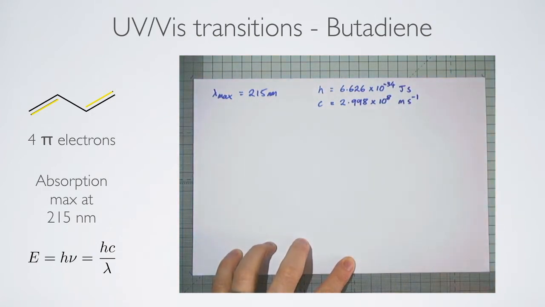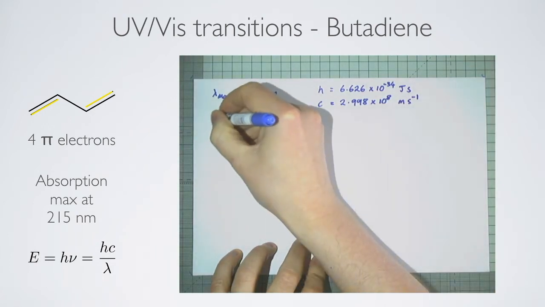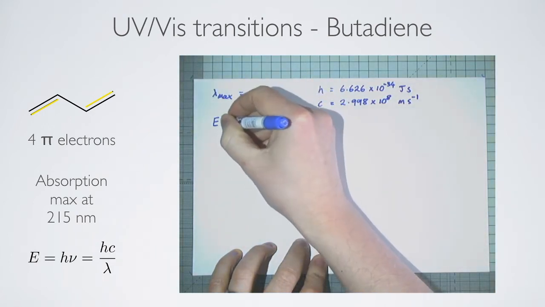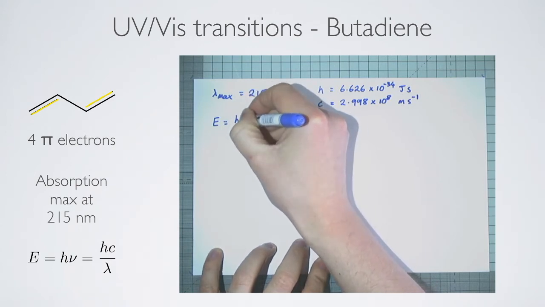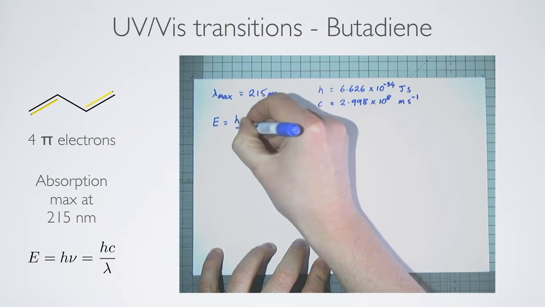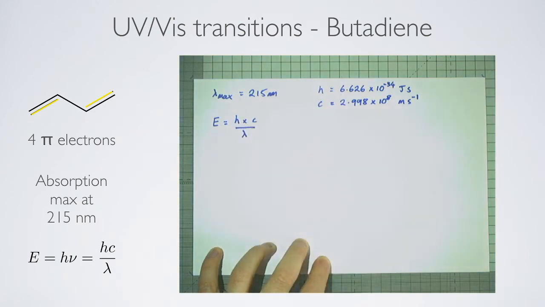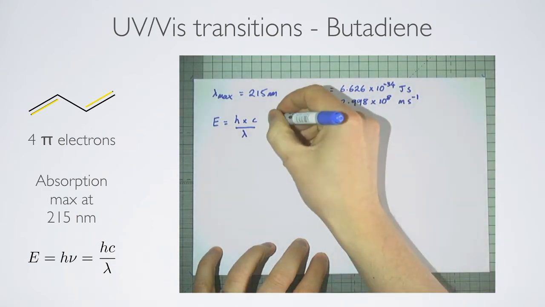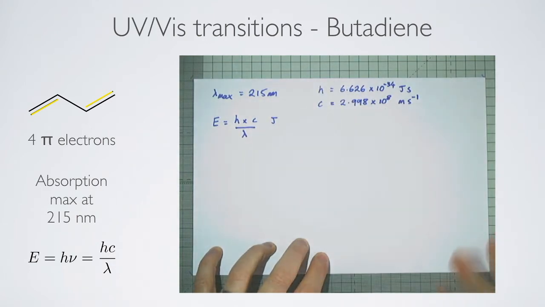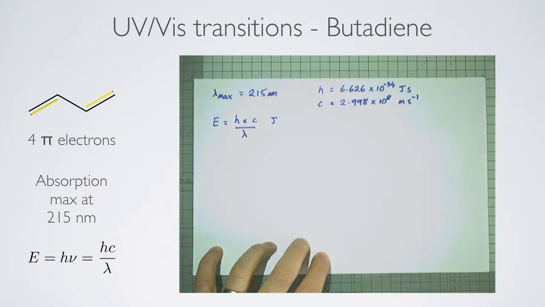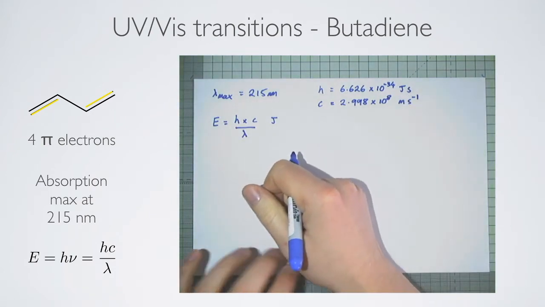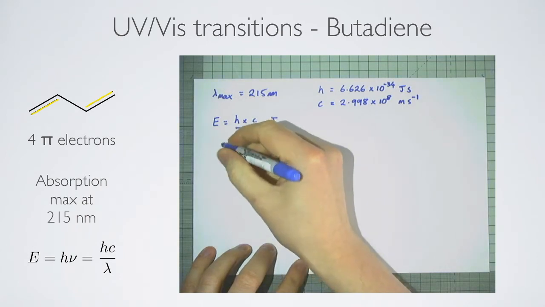Okay, so we have all the information we need to determine the energy of our photon, which is, as shown there, h times c over the wavelength lambda. And this will give us the energy in joules, or it should. This is what we're expecting. We'll just check it with the units as we go through. So we need to put the values into our equation.